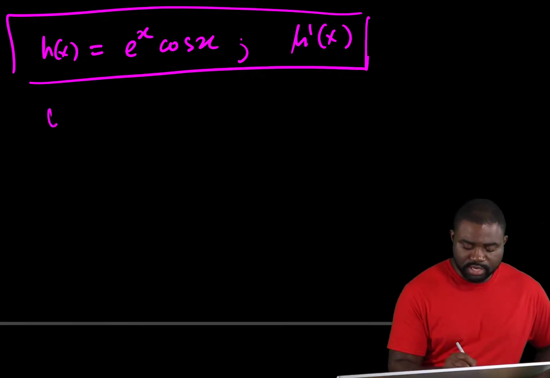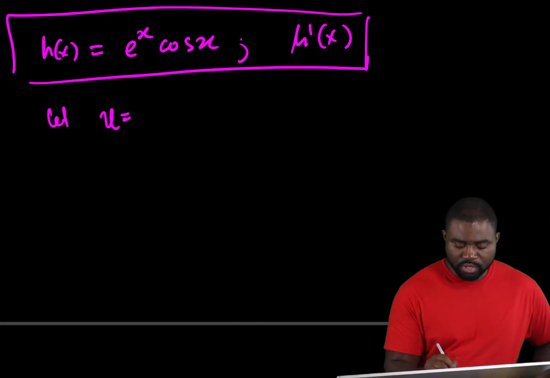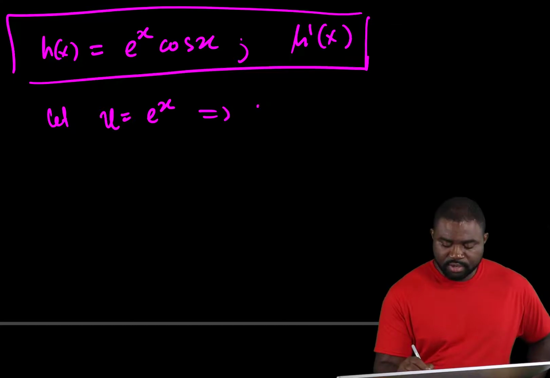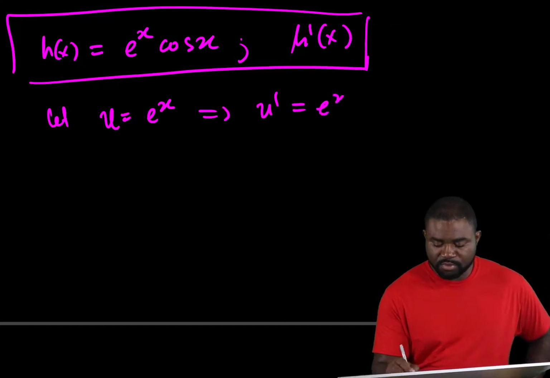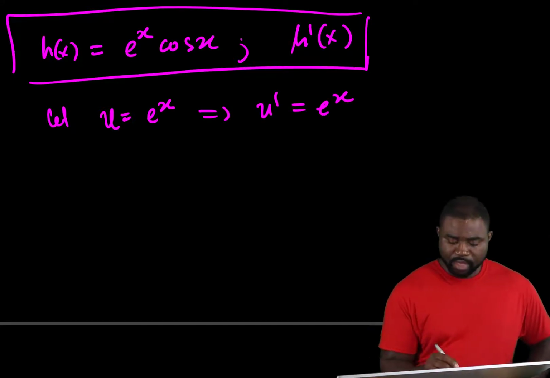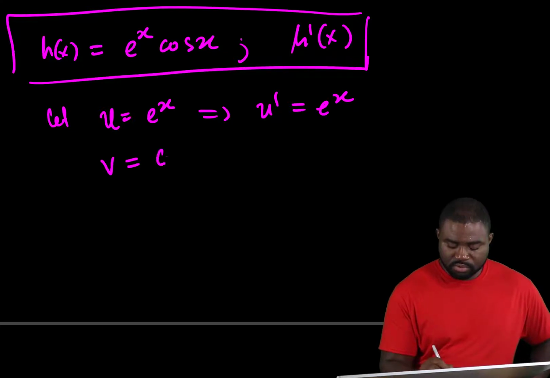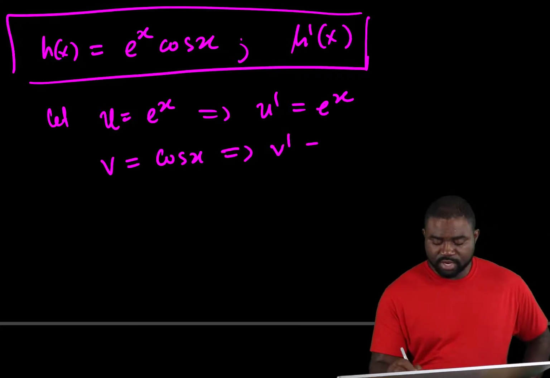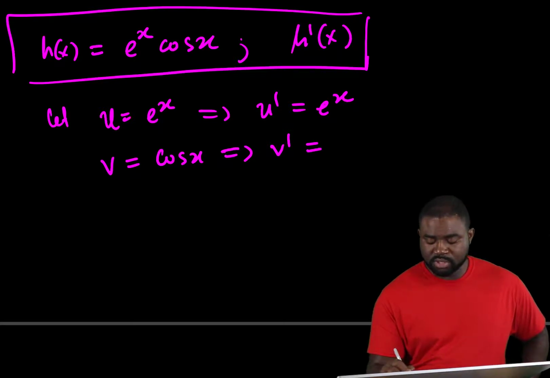We could say that let u be equal to e to the x, which implies that u prime is just going to be e to the x. Let v be equal to cosine of x, which implies that v prime is just going to be equal to negative sine x.